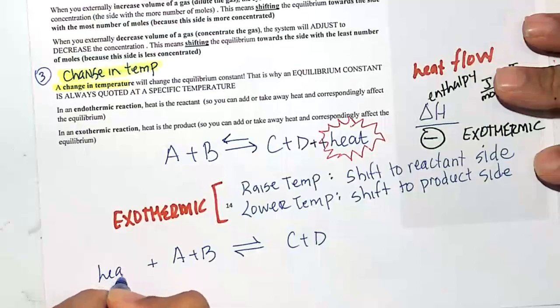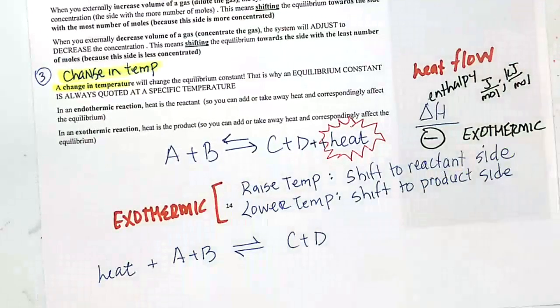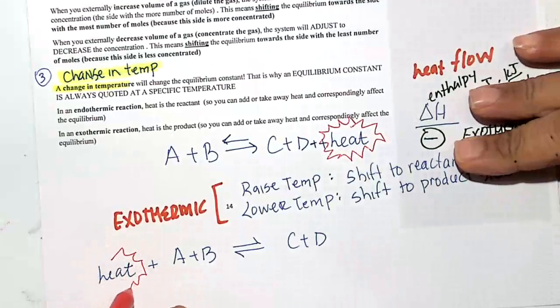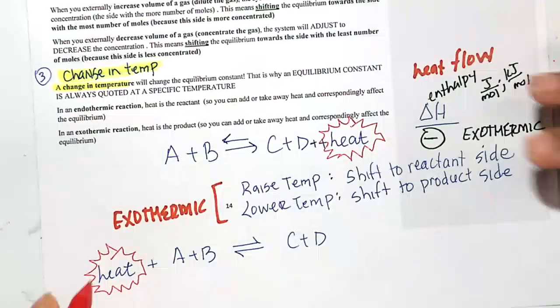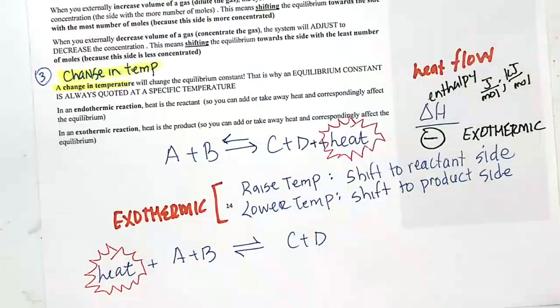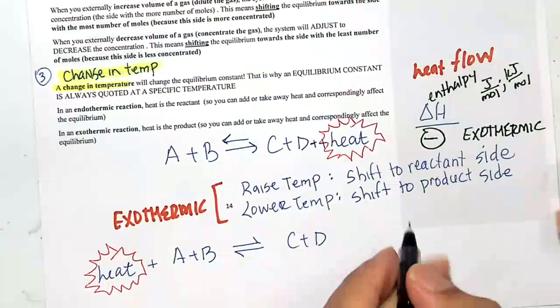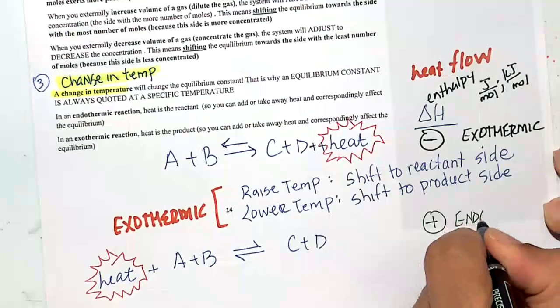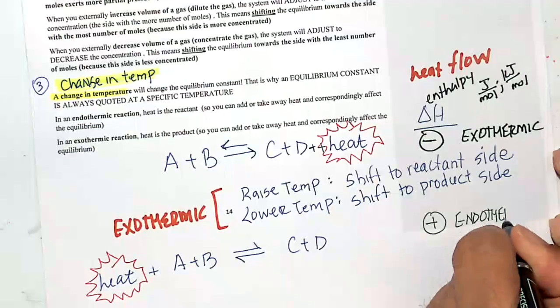These reactions that are called endothermic require heat. It's part of the reactant. It requires heat, and the enthalpy for this is going to be positive. We call this an endothermic reaction.